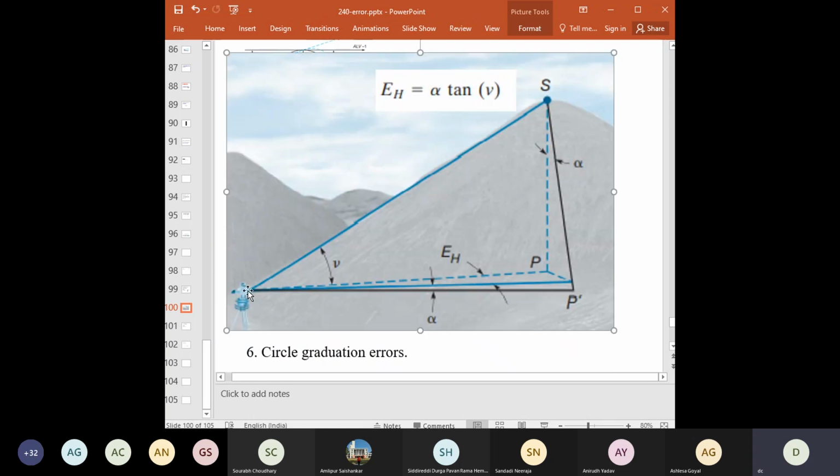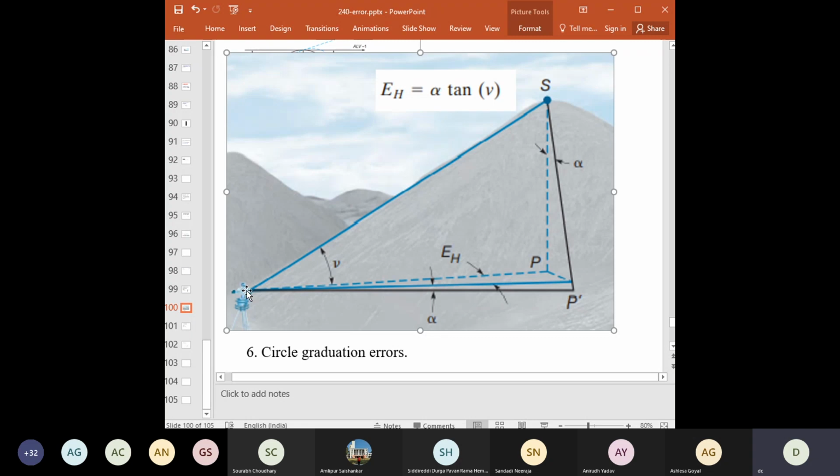Okay, so this is the setup for the instrument, and the telescope is pointed towards the point S, which is the observation station, and I am having a misleveled instrument here, which is not properly leveled with respect to the horizontal angle.